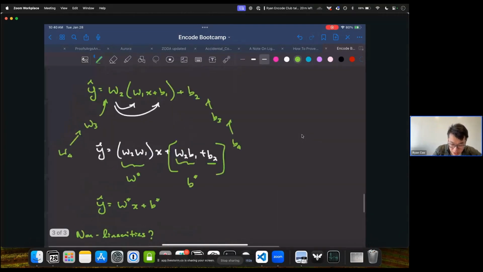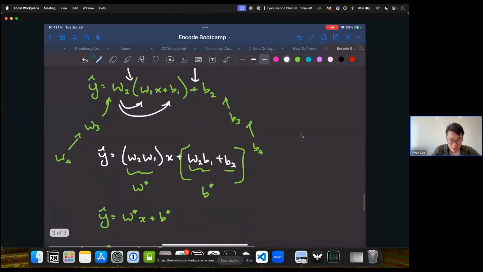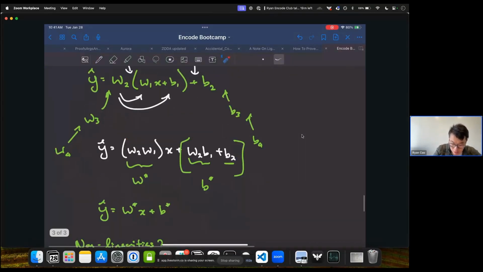If we don't have nonlinearities, in other words, if we don't have these things between the layers, and we just kept on adding W1, we add W2, we add B2, we add B3, we add W3, and so forth, unfortunately, the linearity of all the operations means that we can just distribute W2, for example, into the parentheses here, and that will give us this W2 W1 times x, and we can just call this W star.